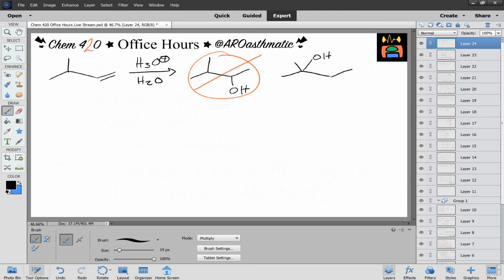So the first step of this mechanism is protonation of the alkene, right? So we have our alkene attack.